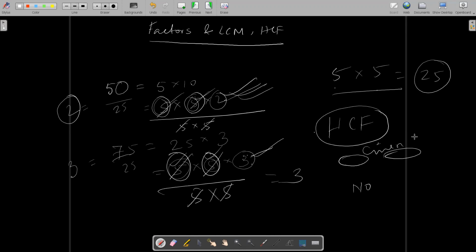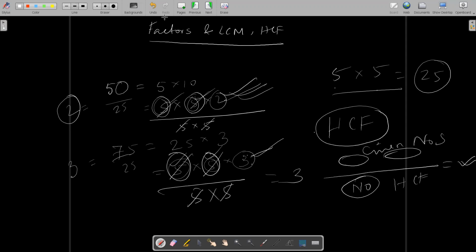HCF means basically you have to find a number which is smaller than or maybe equal to the given numbers. And you have to divide the numbers by the HCF and get a number, so that you can tell it is an HCF.